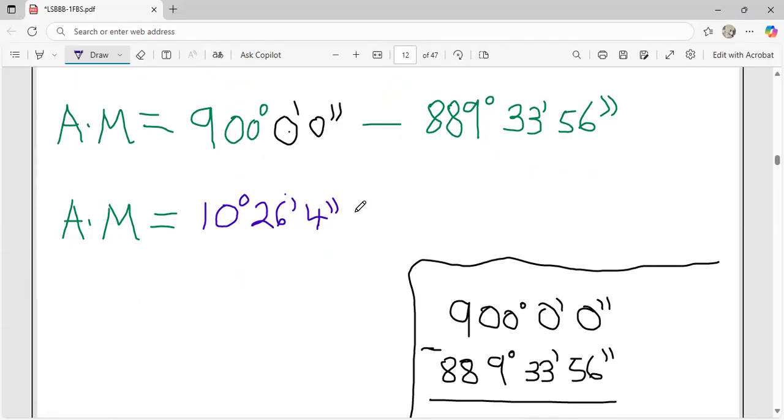So now we can say that the magnitude of the angular misclosure is positive 10 degrees, 26 minutes, 4 seconds.